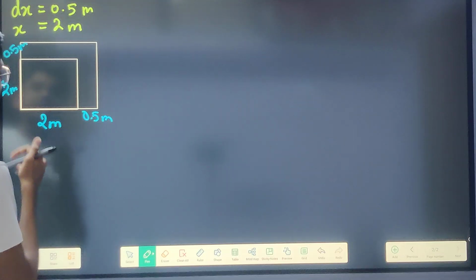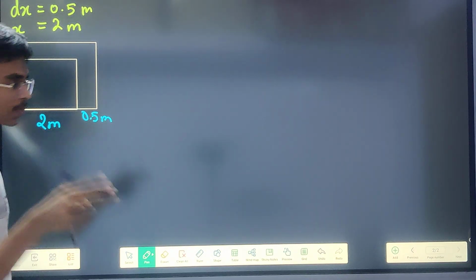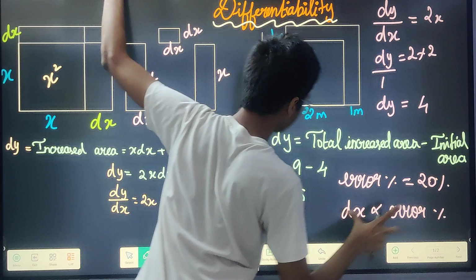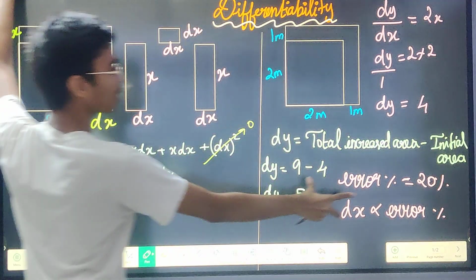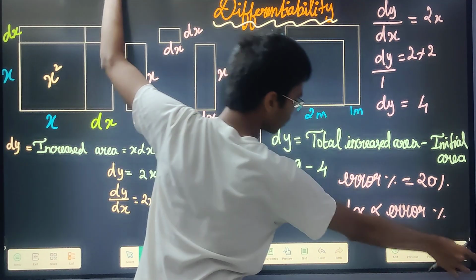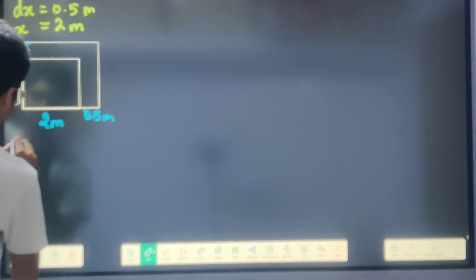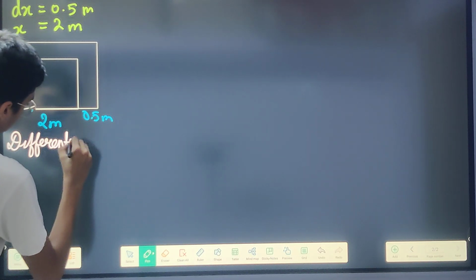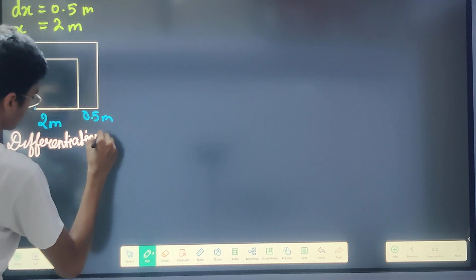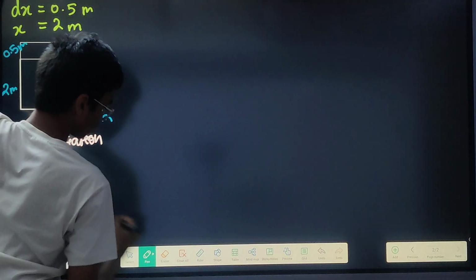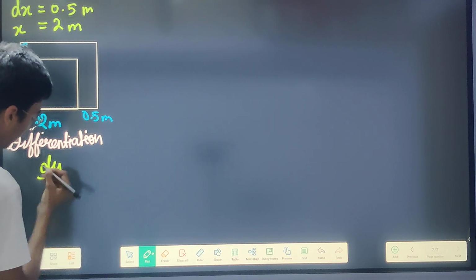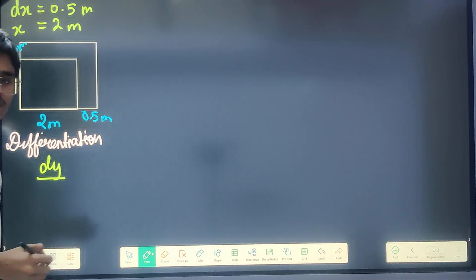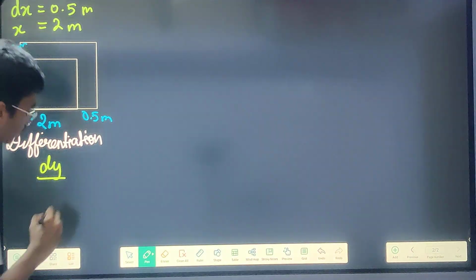So the real length. Now I'm going to use our mathematical method, this is the differentiation method. This is actually pretty simple by using the differentiation method. Because dy by dx is actually 0.5, I can write 0.5 in fractional form, which is 1 by 2.